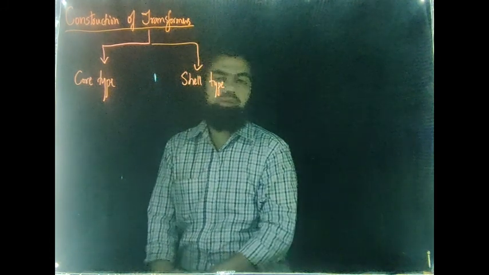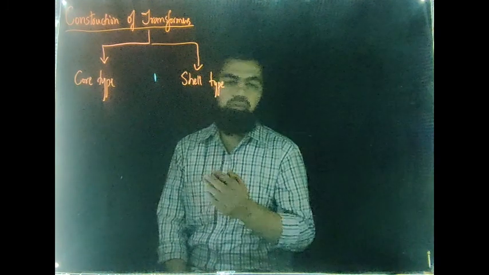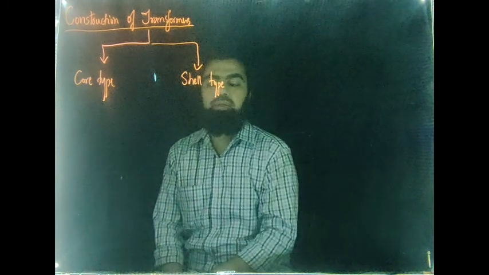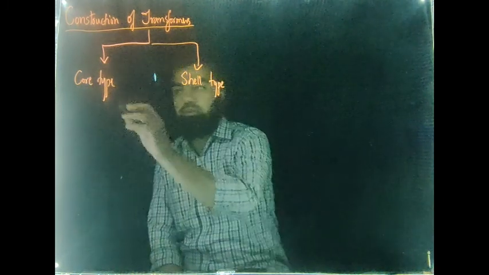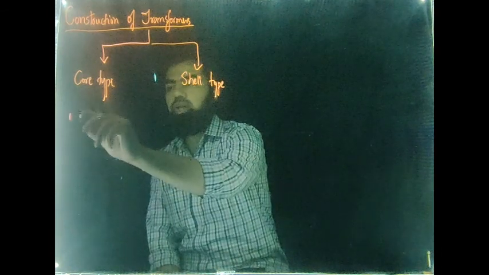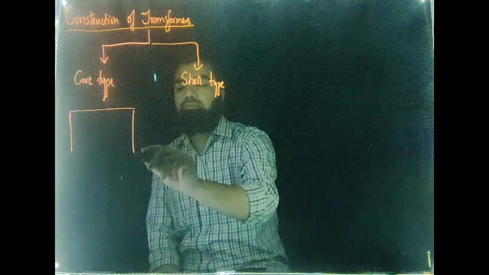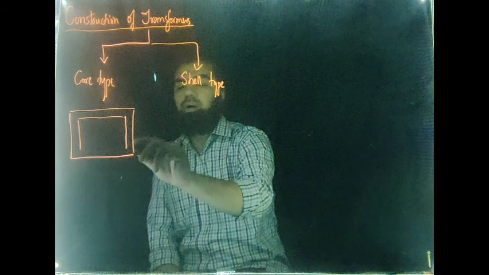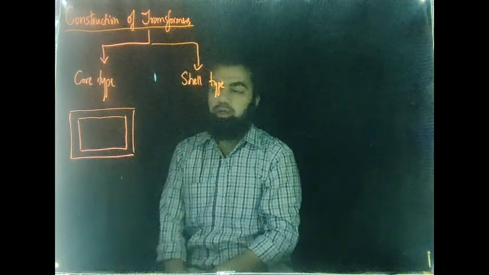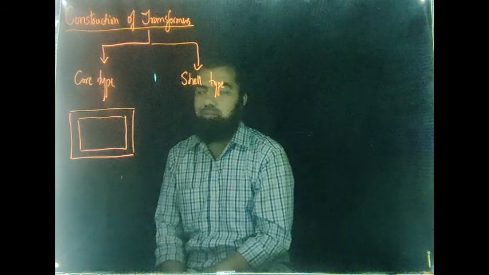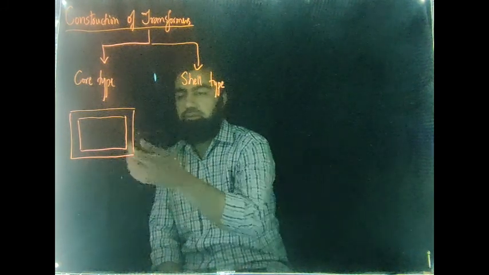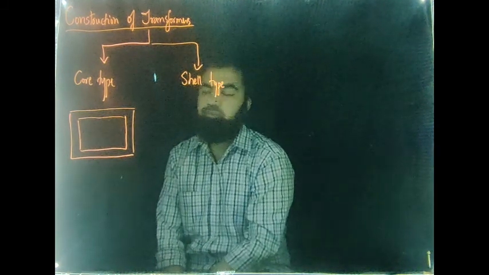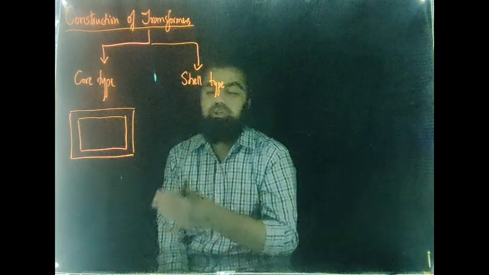Both core type and shell type have a similar principle of operation, but in the case of a core type transformer, the structure of the core will be rectangular. Core basically refers to that component of the transformer which supports the windings. The windings are wound around the core of a transformer, and these windings are placed in a specific manner.